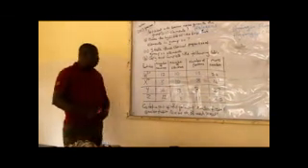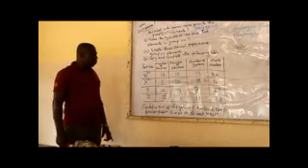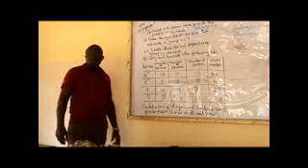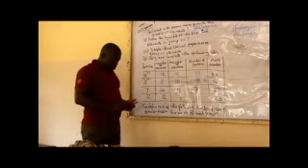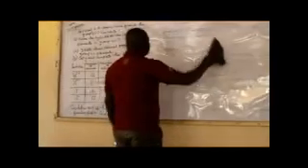Then the other question, the C part of it, says define each of the following: nuclear fission and nuclear fusion. So what are they? The two of them are not the same thing.